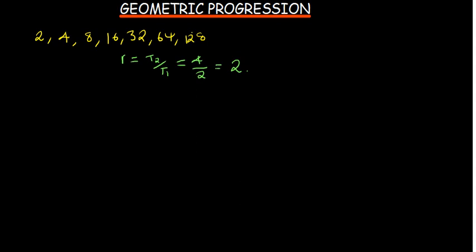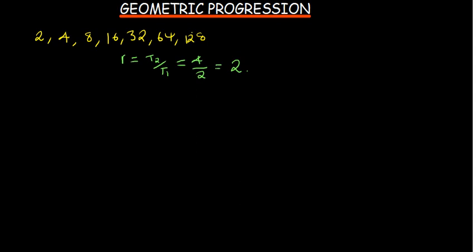We'll continue going like that. So you always multiply by the common what? The common ratio. That is how you find the next term if you know the first term. Are we good with that?